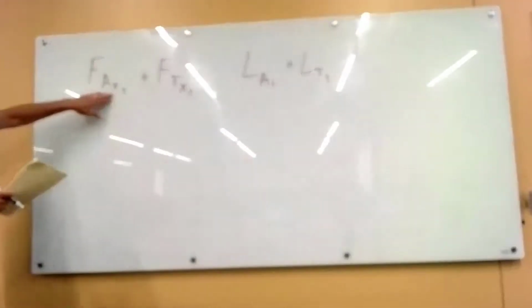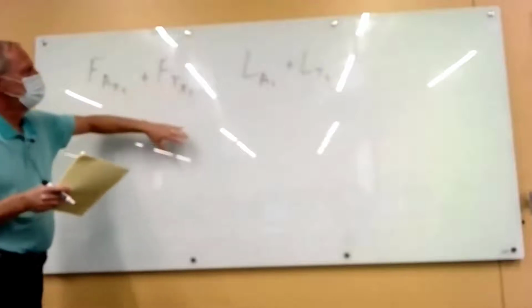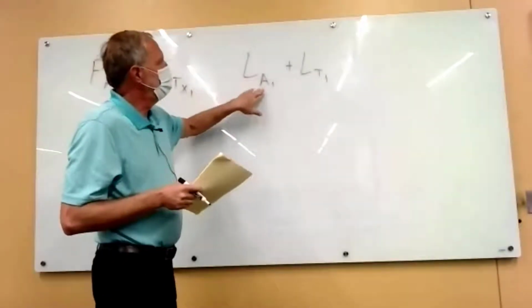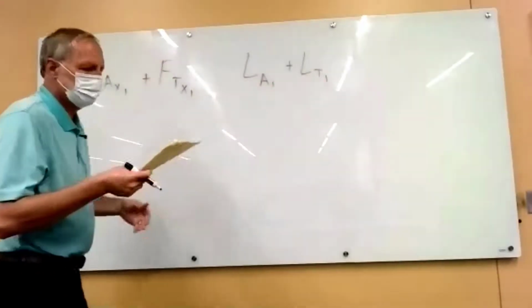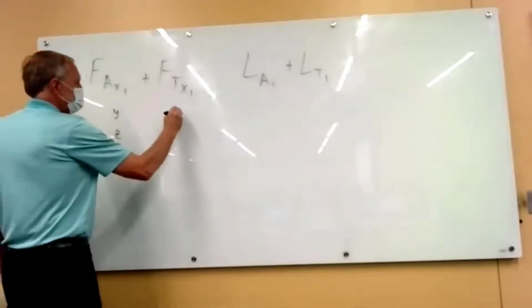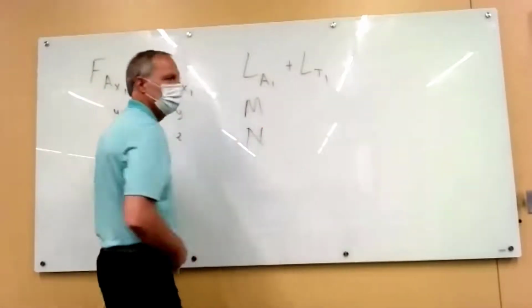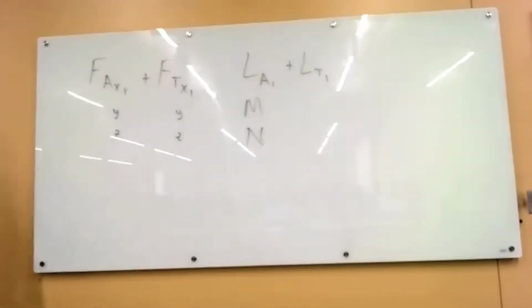So this is the X force aerodynamic, X force thrust, rolling moment aerodynamic, rolling moment thrust, and of course we have the Y and the Z versions, and then the pitching moment and yawing moment versions of these as well.